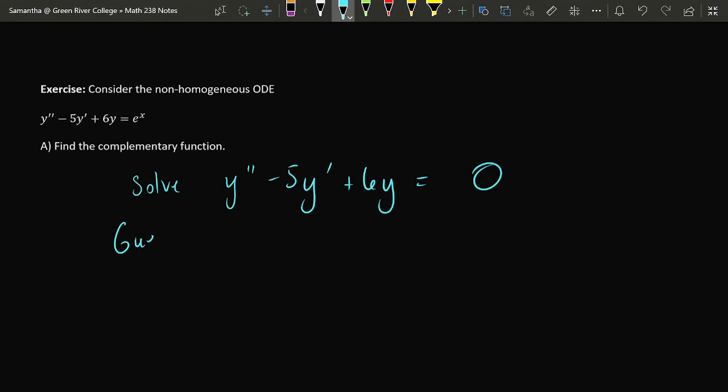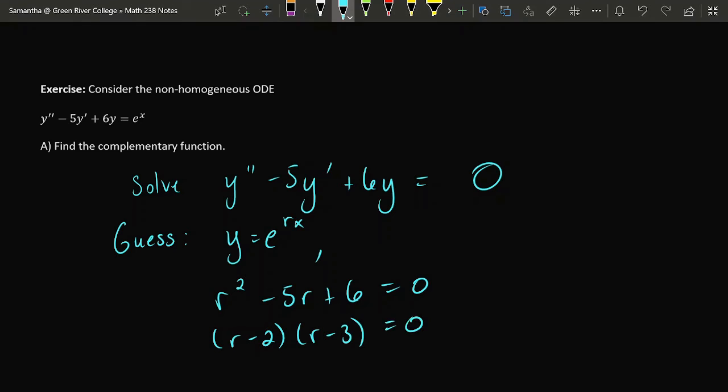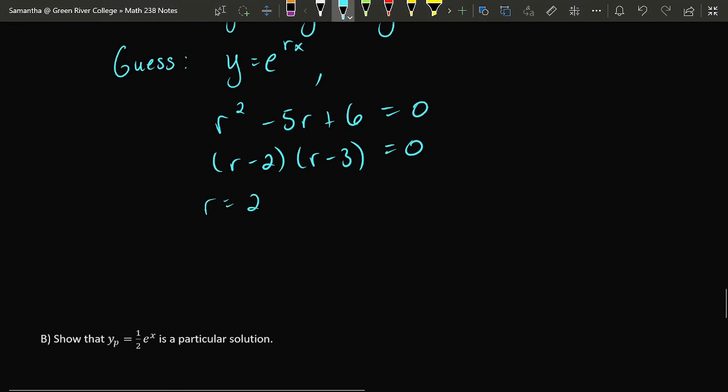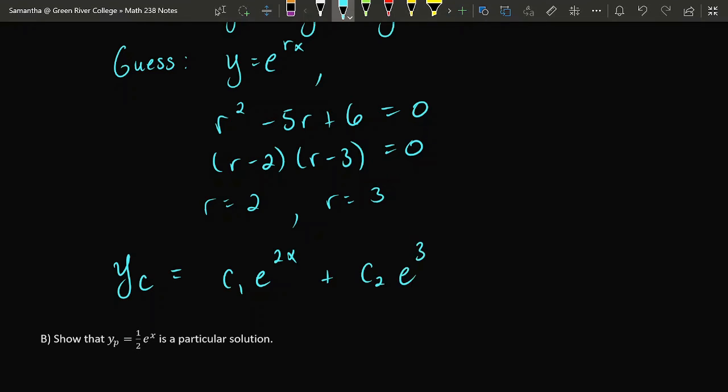So I'm going to guess that the solution has the form y equals e to the rx, which gives me the auxiliary equation r squared minus 5r plus 6 equals 0. So in this case, I get two distinct real roots, r equals 2, r equals 3, which gives me two linearly independent solutions that I can combine to get the complementary function: c1 e to the 2x plus c2 e to the 3x.